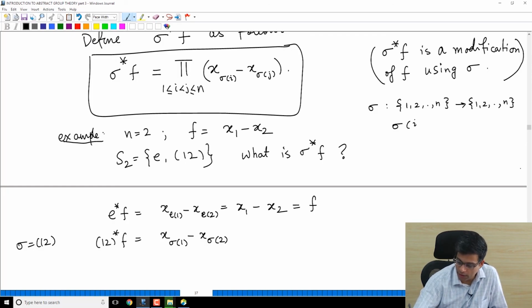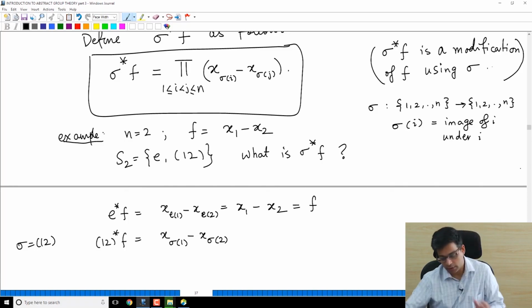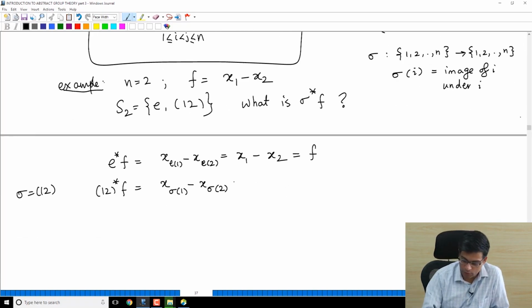So sigma of i is simply the image of i under sigma. So when I write sigma of i, I am thinking of sigma as a function. So what is the image of 1 under sigma, which is (1 2)? It is 2. So it is x2 minus x sigma 2, which will be x1.